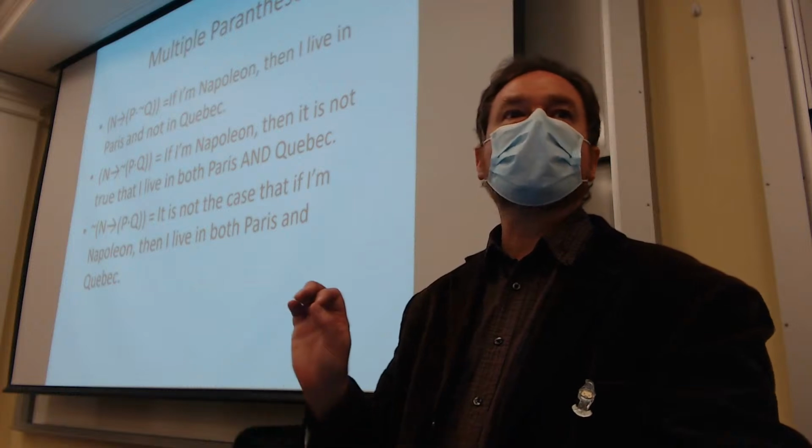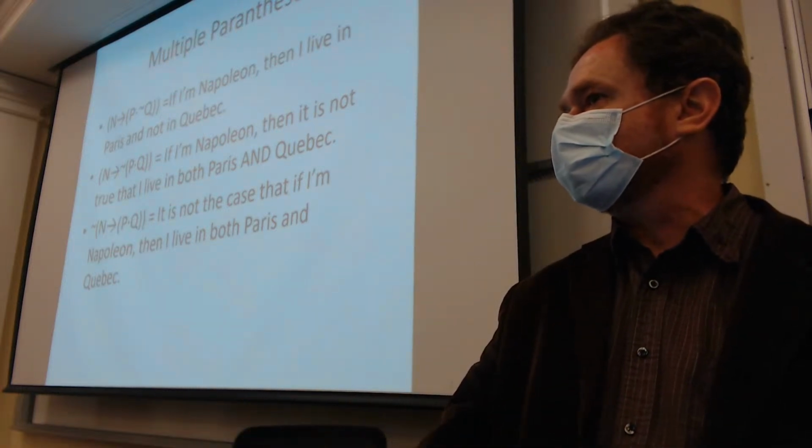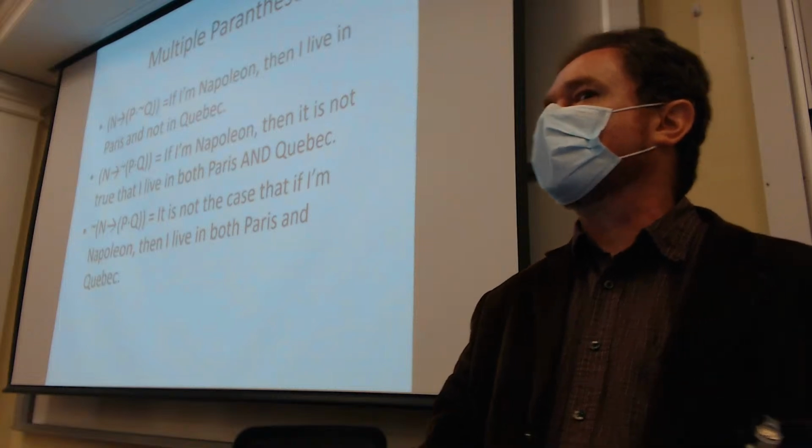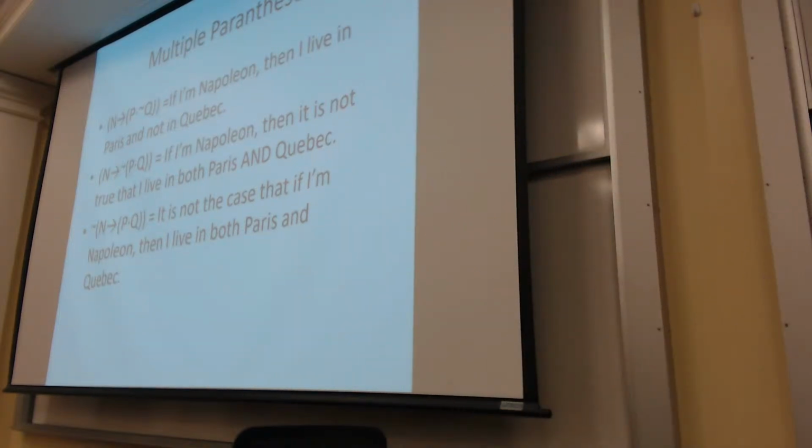See, three very different statements depending on where you stick the negation. So tracking the negation properly and tracking the parentheses properly is a huge portion of proper translation in logic.